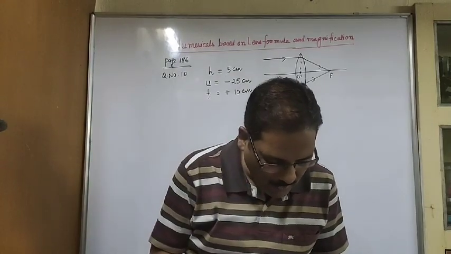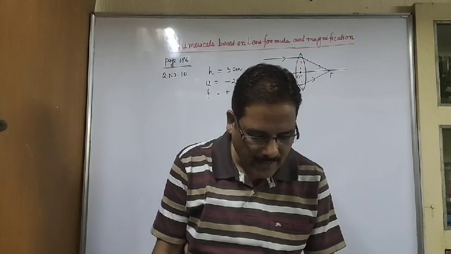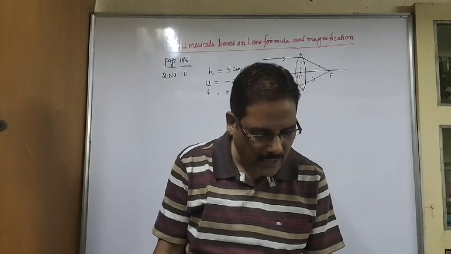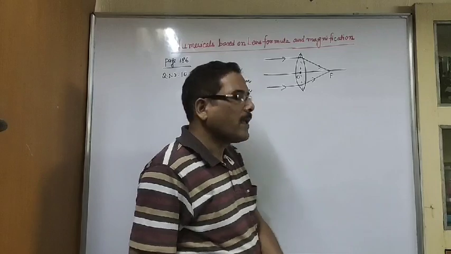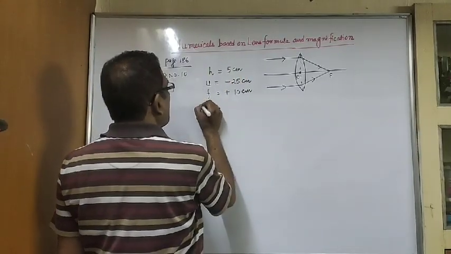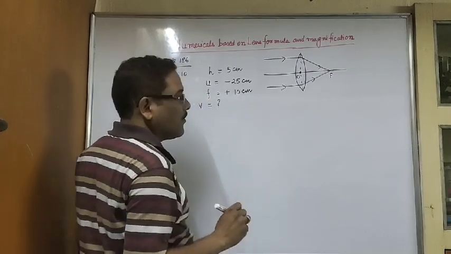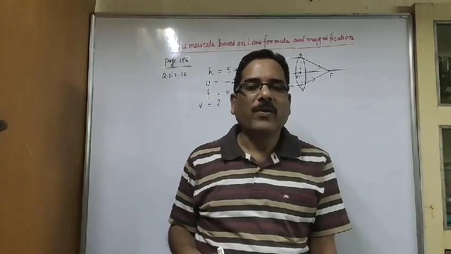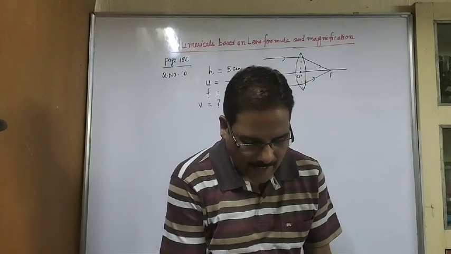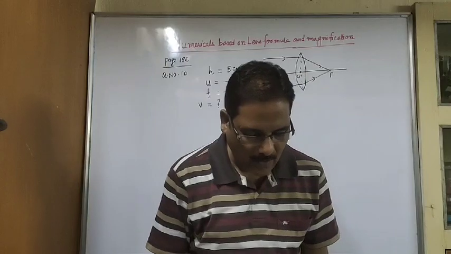So what you have to do is draw the ray diagram and find the position, size and nature of the image. So first we will find out its position. Position means what you have to calculate? v, position, and then size and nature also.